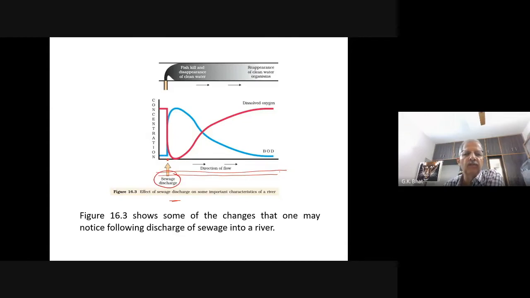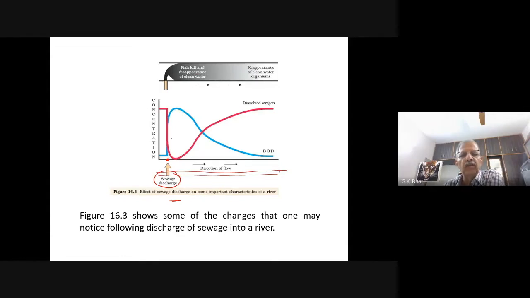Where the sewage got discharged, this blue line, BOD, biological oxygen demand, is high. Earlier the dissolved oxygen was very high here, but the moment the sewage got discharged to that point, the dissolved oxygen level comes down. Biological oxygen demand goes up.